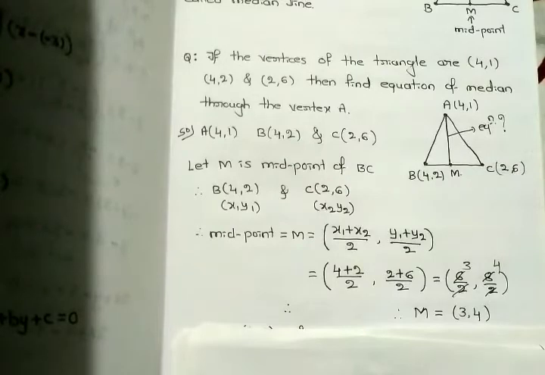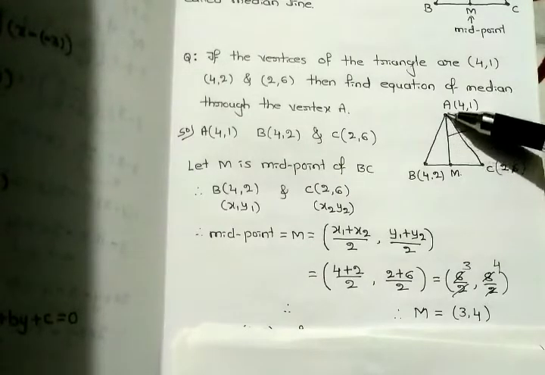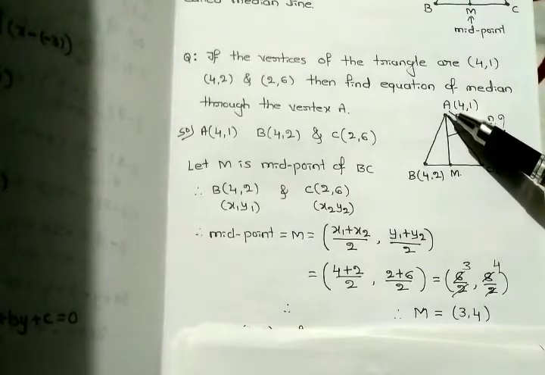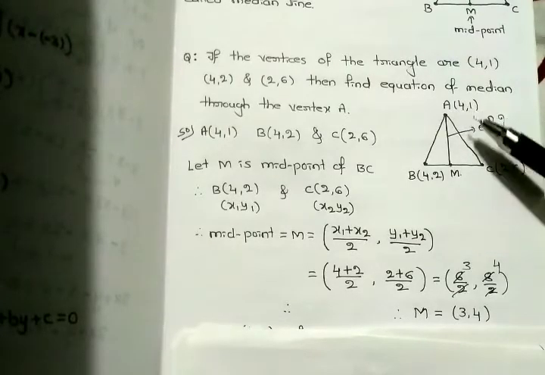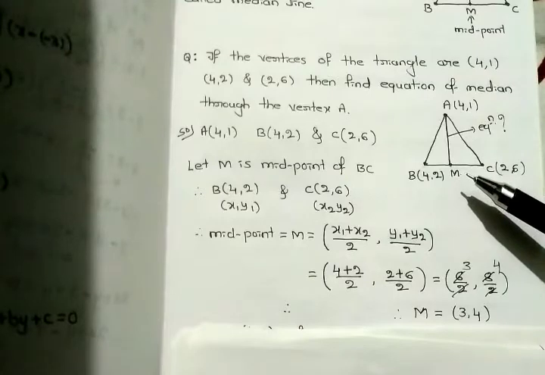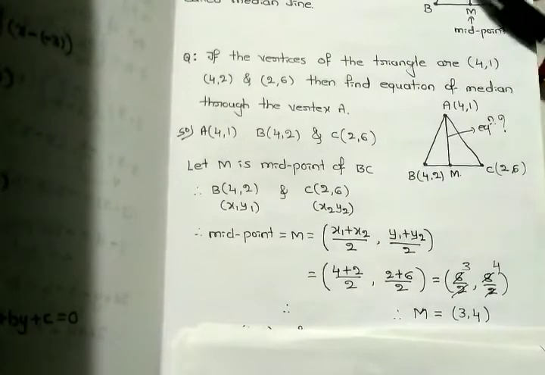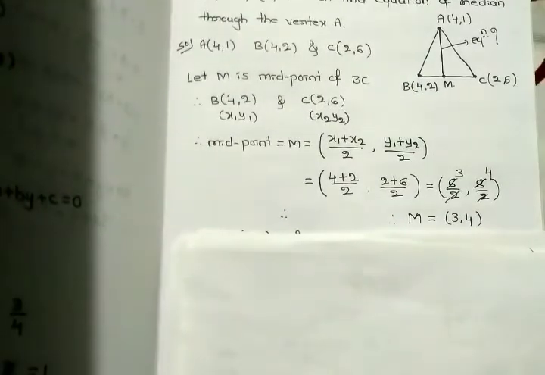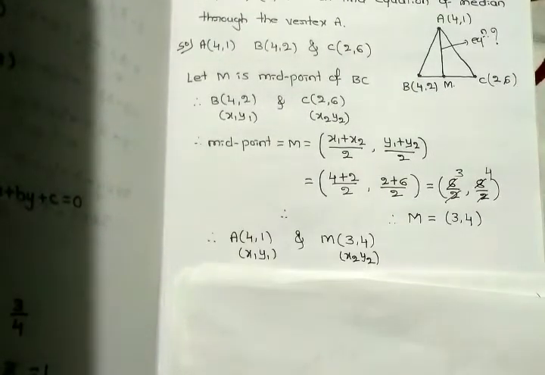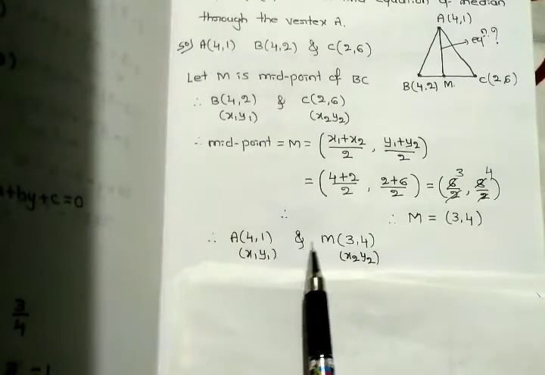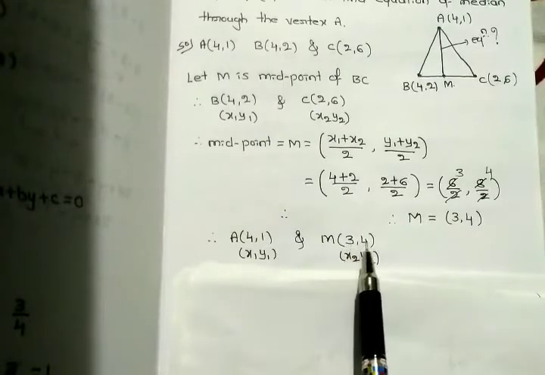So finally you got the M value. Now we need to find this line equation. In this line, A is the first point (4, 1), and M is the second point (3, 4). Next step, I am going to consider A (4, 1) as (x1, y1) and M (3, 4) as (x2, y2).